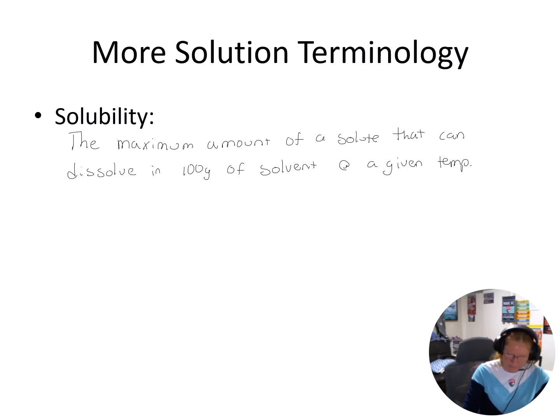Okay, so everything has its own limit on solubility. So for 100 grams of a solvent at a given temperature, the solubility is the maximum amount. Now, once we start making a solution, then we can decide if our solution is unsaturated, saturated, or supersaturated.